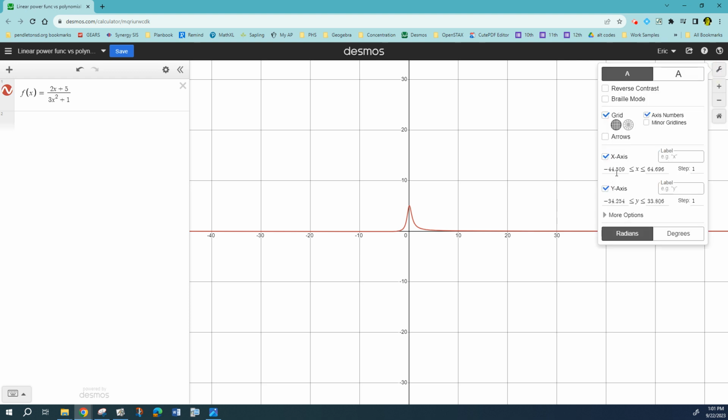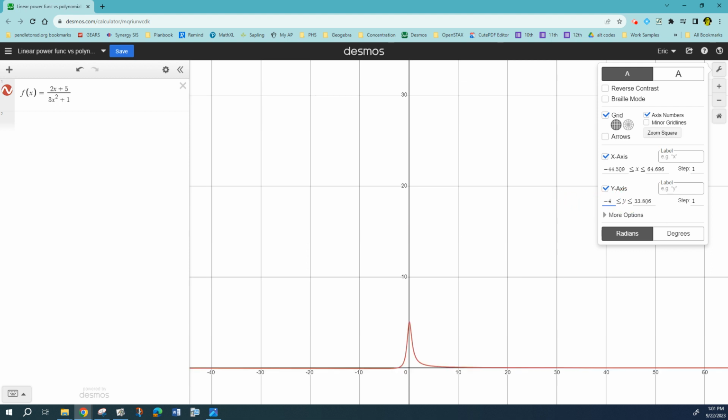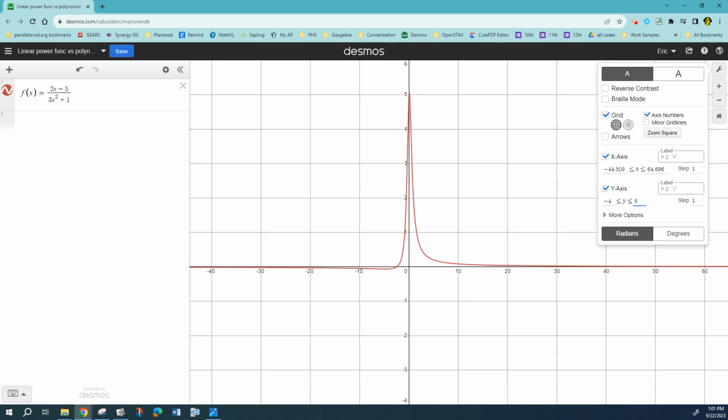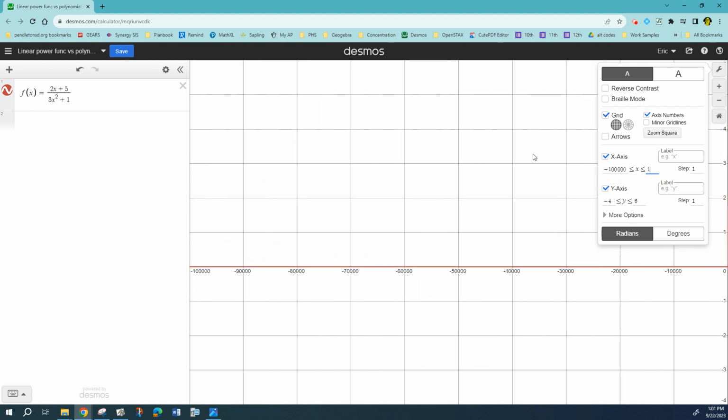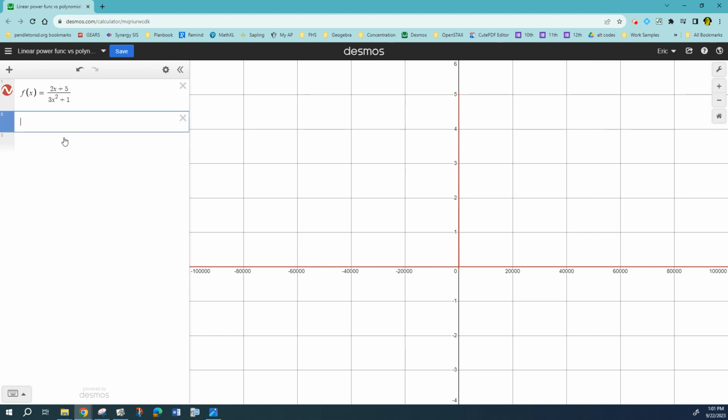So if we make y go from -4 to +6 by 1s, and we'll let x go from -100,000 to +100,000. Well, look at that. Doesn't that look an awful lot like the line y equals 0 when I get out on the tails?